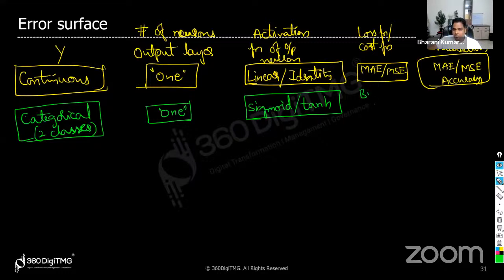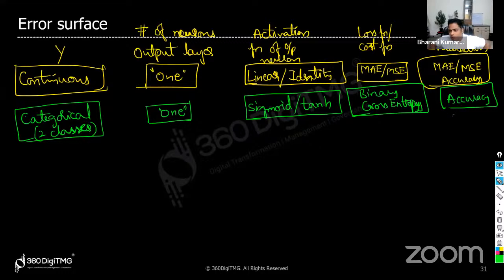Binary, absolutely. So it is binary cross entropy. And for evaluation purpose, you use accuracy. There are multiple ways of measuring accuracy, like confusion matrix, cross table, and all that. We will get into that when we actually solve that specific business problem.